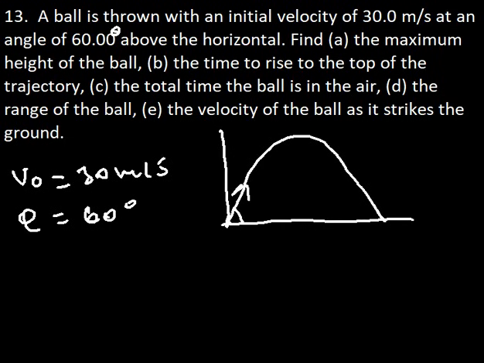So this is the launch angle, that is 60, and the launch velocity, which is 30, like that. And this is the maximum height we have solved for. And the question B says that the time it takes to reach the top of the trajectory. So we need to have the time it takes to reach at the top.